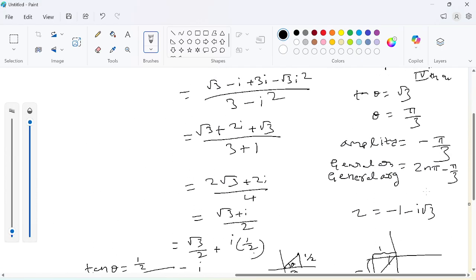So here also, for the least positive argument, put n equal to 1. It will be 2 pi minus pi by 3, which is 5 pi by 3. Sorry, 5 pi by 3.